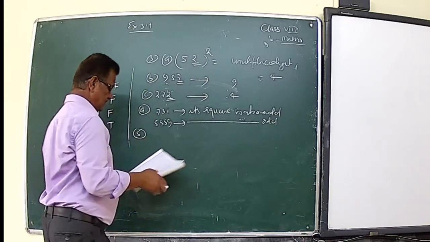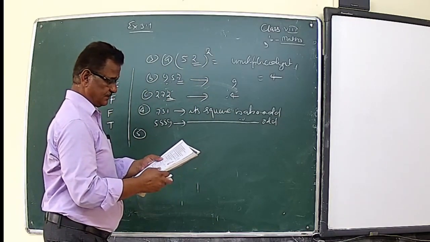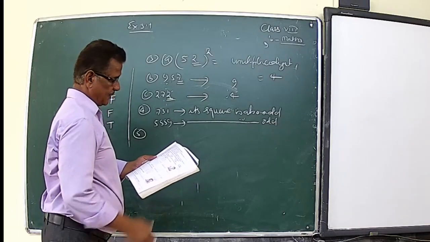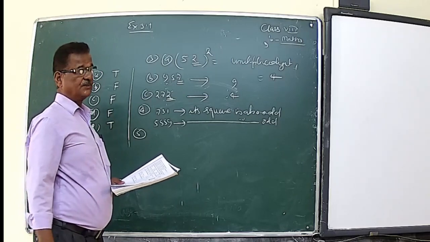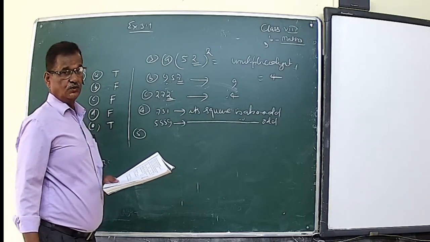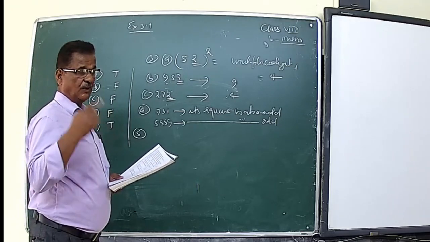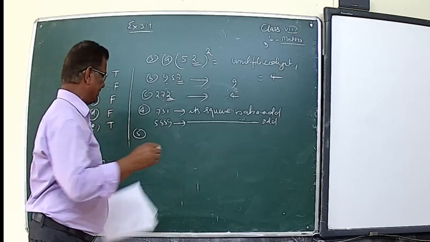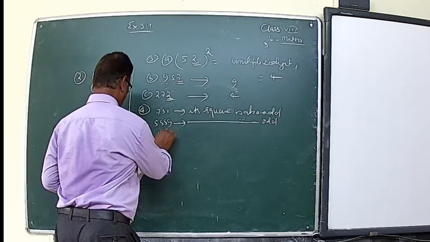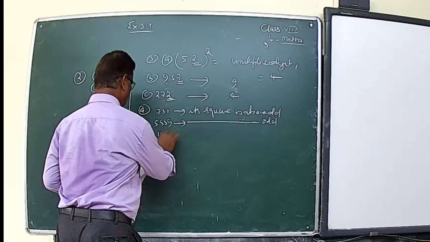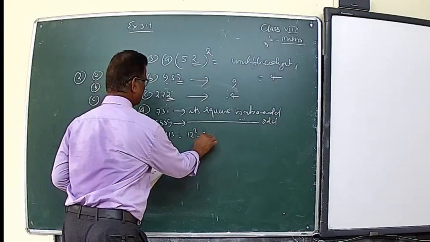Fifth, observe the following pattern. The product of two consecutive numbers is equal to the square of the number lying between them, minus one. The pattern given: 11 into 13 is equal to 12 squared minus 1.